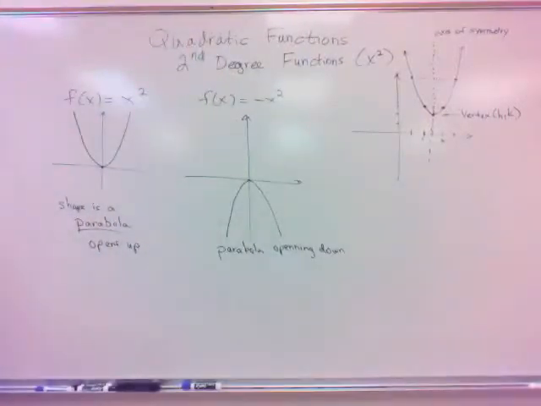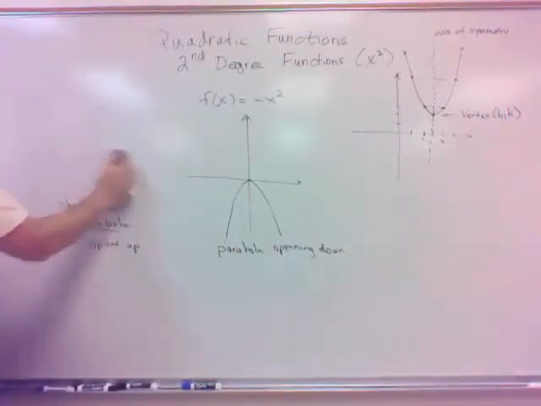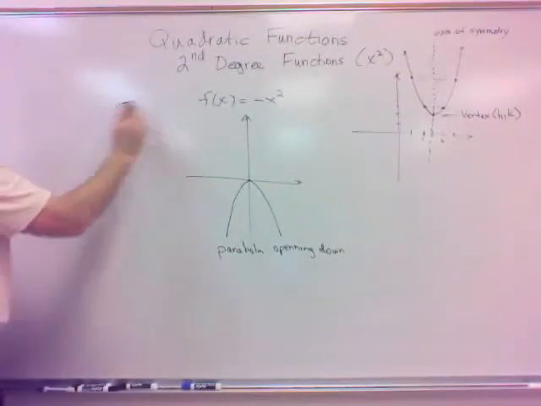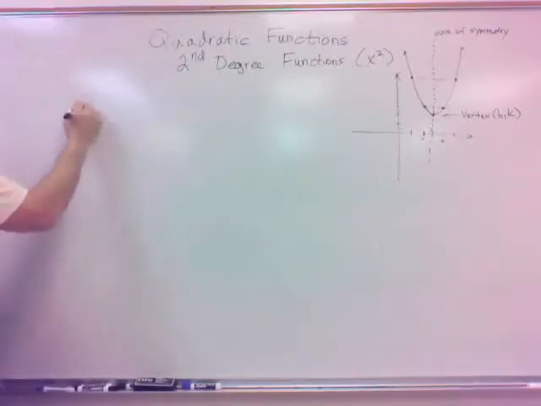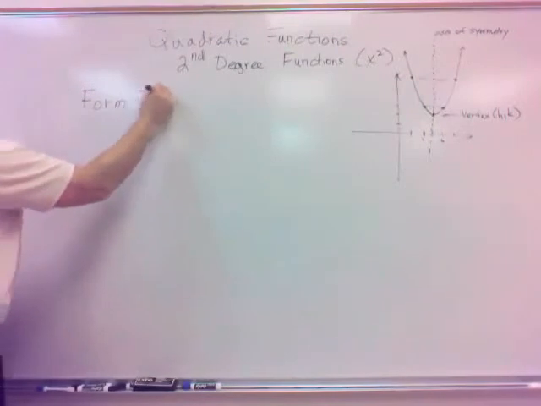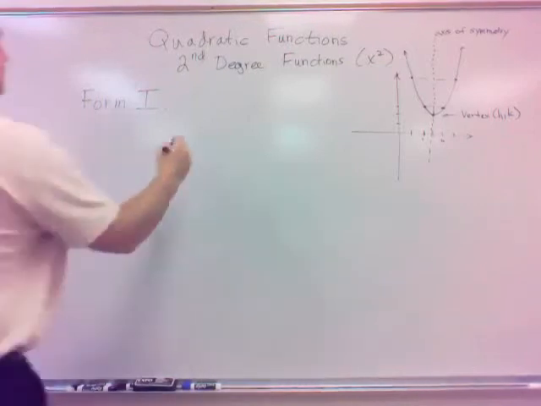Okay, well, since we've just gotten through shifting, let me start with, there's two forms of these quadratics that I wanted to mention. The first form, Roman numeral 1, let's call it, I like to call it vertex form.